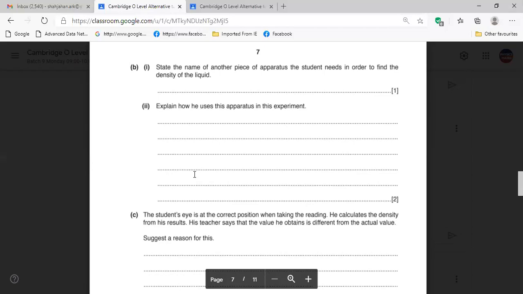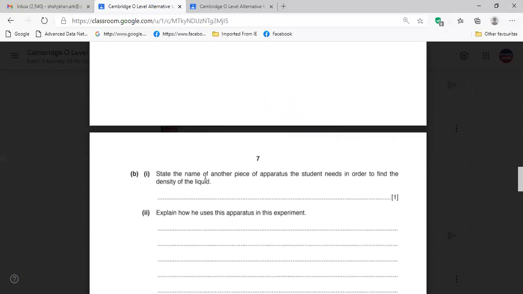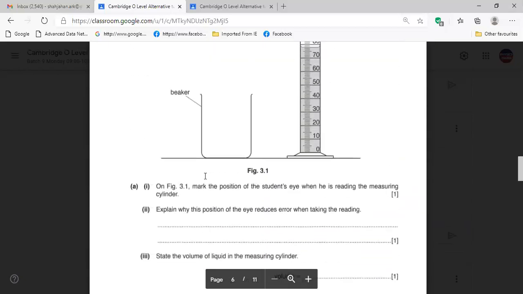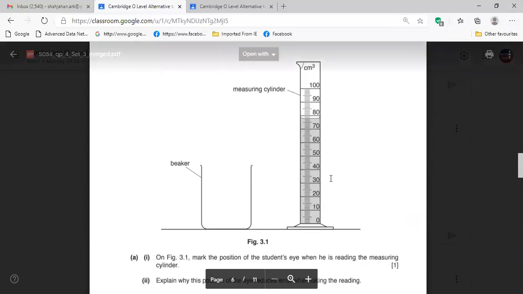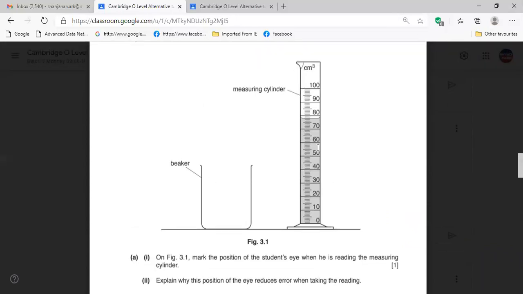So first you measure, just make it reverse. As we already have water, we should remove this water, right? To get the mass of only the measuring cylinder. That we can do by keeping this water in this beaker. The beaker is there, right? So what is the use of this beaker? To keep this water over there, right?